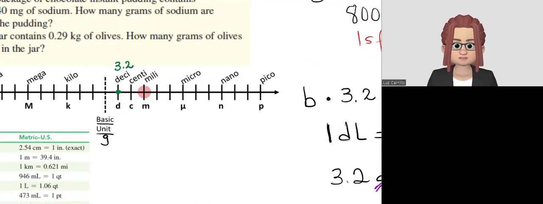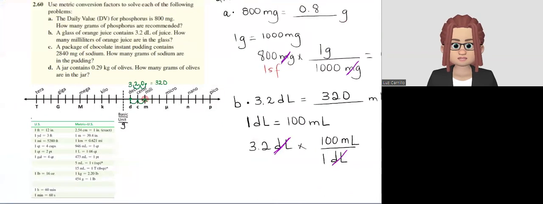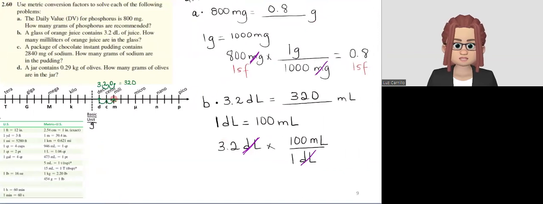In order to go from deci to milli, I have to move that decimal place 1 time, 2 times, from left to right. There is a pocket that is open. I populate it with a 0 because remember that the relationship between the prefixes in the metric system is going to be by some power of 10. So you can observe that this turns into the value 320, which is the same result that we obtained by dimensional analysis.